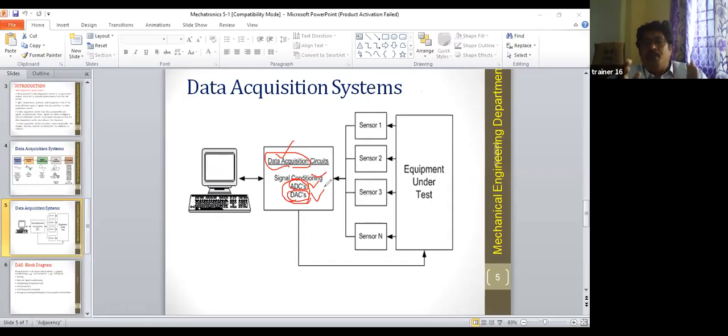Sometimes we can use up to ADC only, I told you. Sometimes we can use both. The heart of the data acquisition device is, even in the syllabus, clearly mentioned.